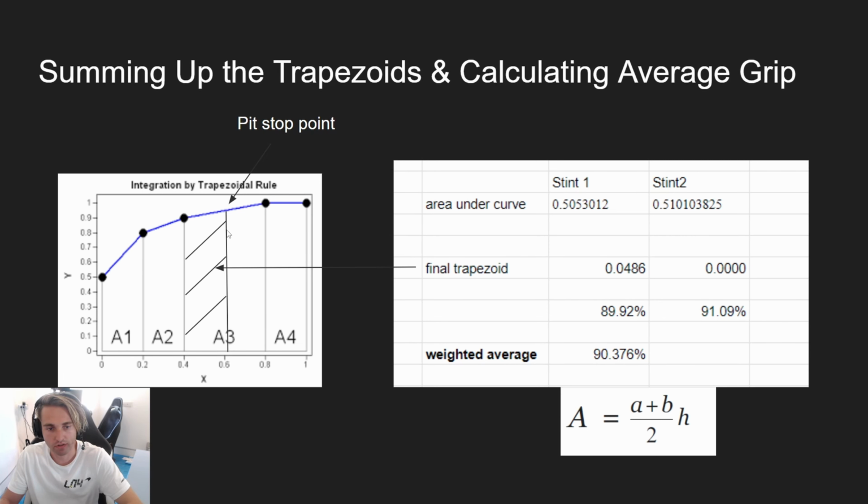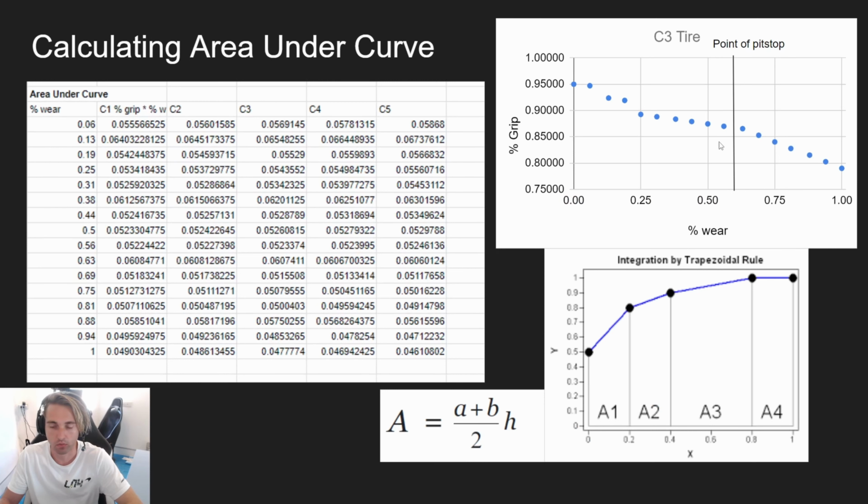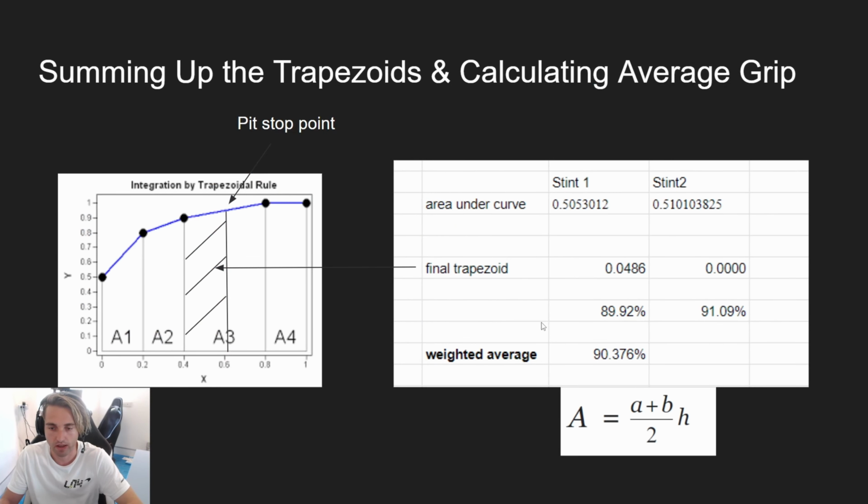We have to interpolate this value here, and then sum up this final trapezoid. So that's what I'm doing here: summing up the areas under the curves for the first stint, second stint, then adding this final partial trapezoid. Sometimes if you're pitting right on a data point, you don't have to do that. The calculator includes that.